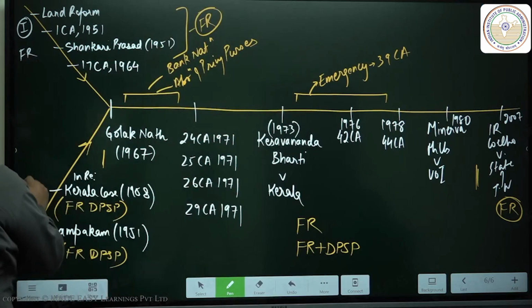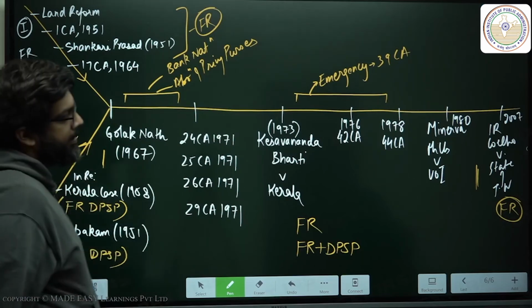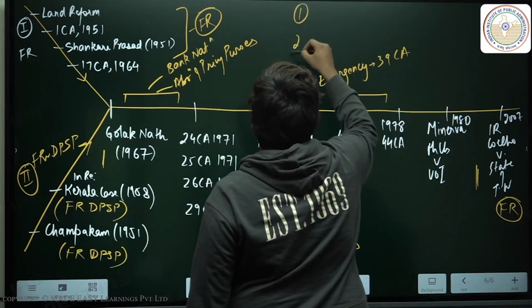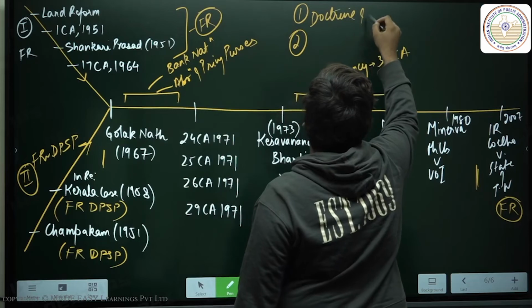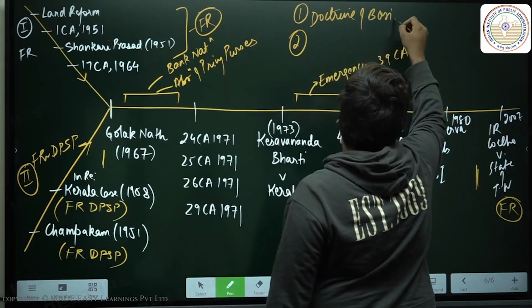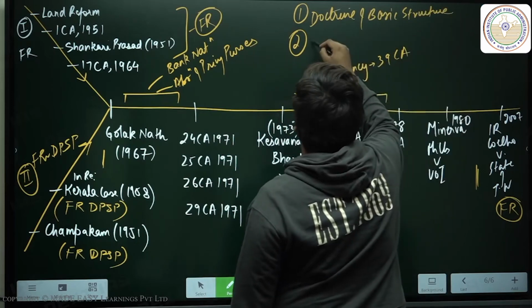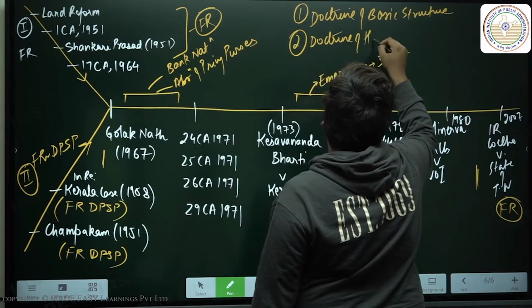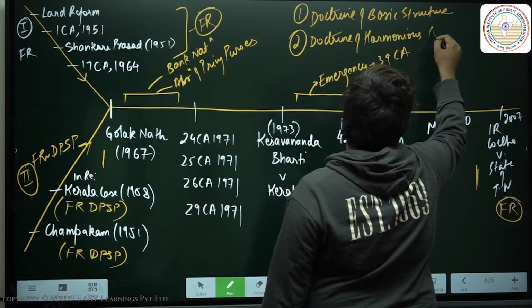This is the first story, and this is the second story of fundamental rights versus directive principles. And that is how the two doctrines, first, the doctrine of basic structure, and the second is the doctrine of harmonious construction.